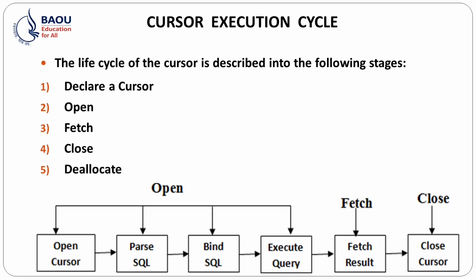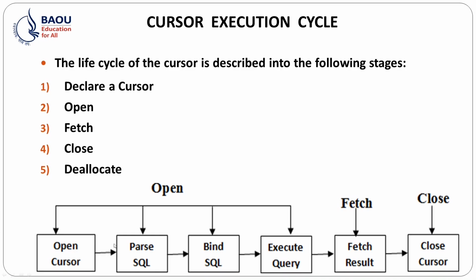Next is the close phase. After the last record of the result set is reached, the cursor is closed. If the open cursor is not closed, Oracle automatically closes it after the execution of the parent block is completed.